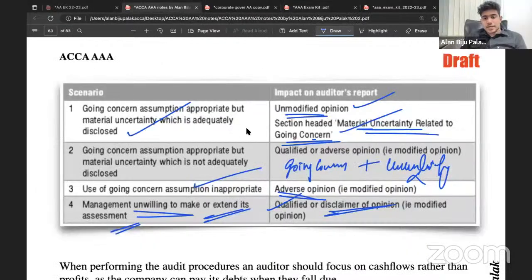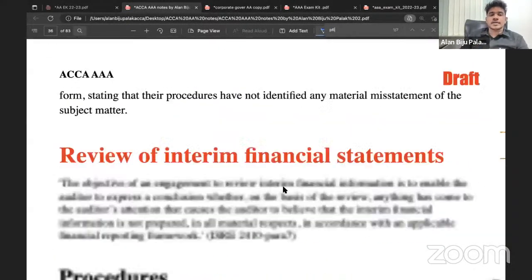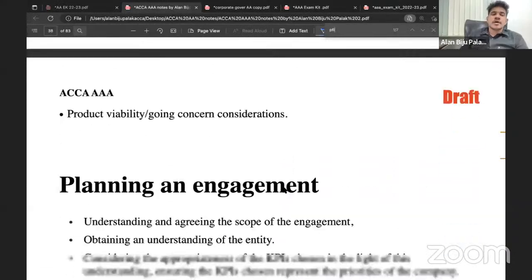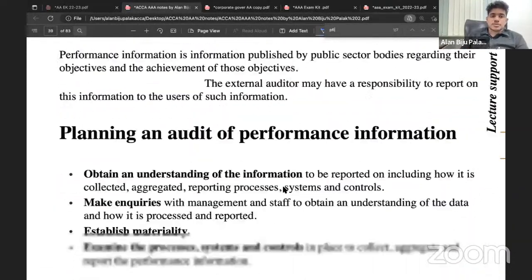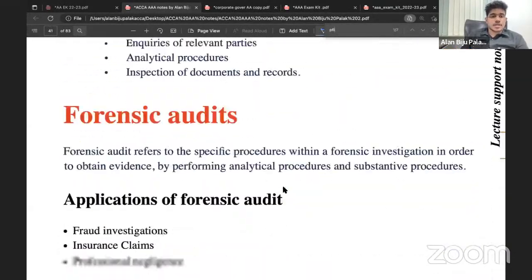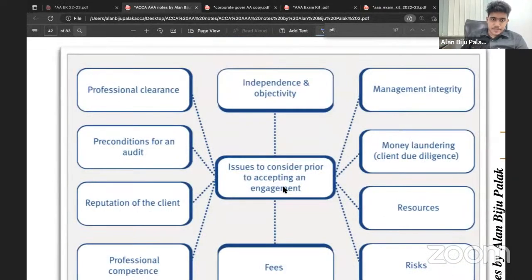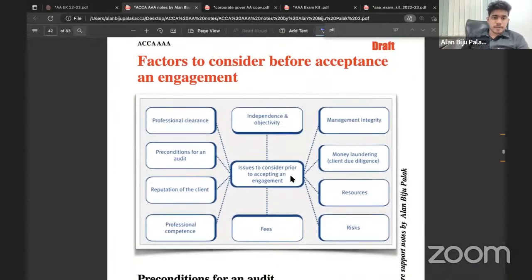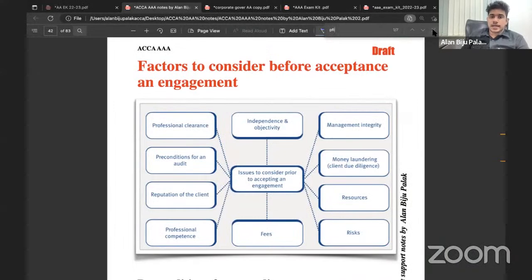Then one other topic. Normally there is always a possibility that you might get a question to consider matters to be considered before accepting an engagement. It can be any engagement, maybe a PFI engagement. It can be an engagement like an audit engagement itself.